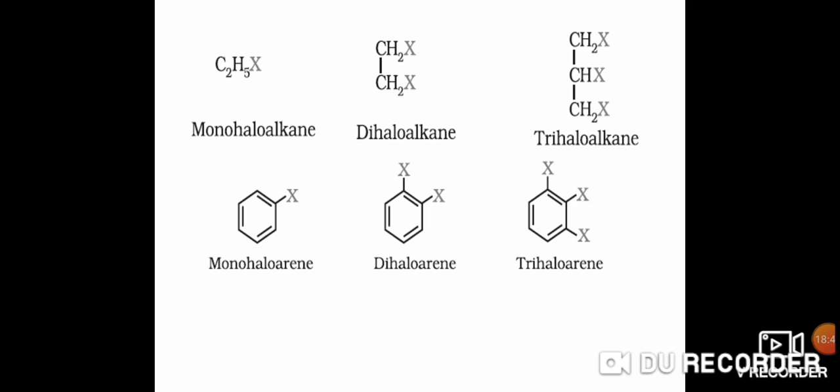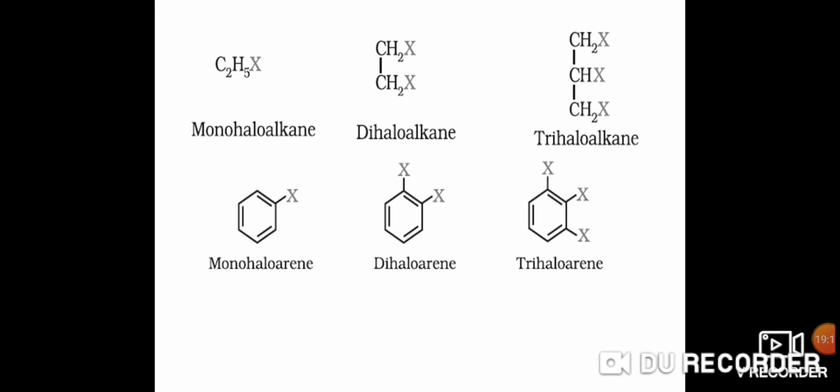So CH3 single bond CH2 single bond CH3 is propane, and three hydrogen atoms from each carbon atom have been removed and replaced by halogen, and hence these compounds are called trihaloalkane. So it is trichloropropane.